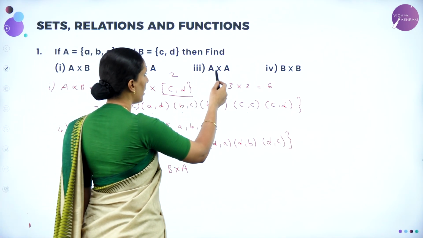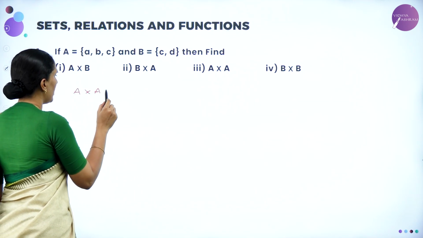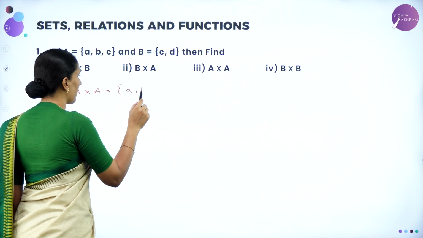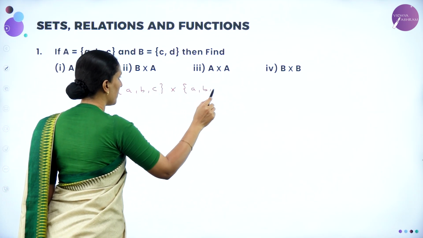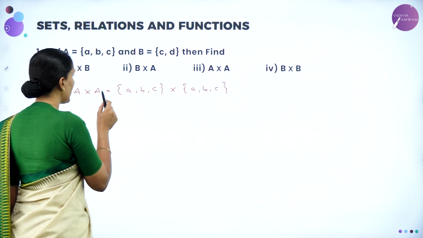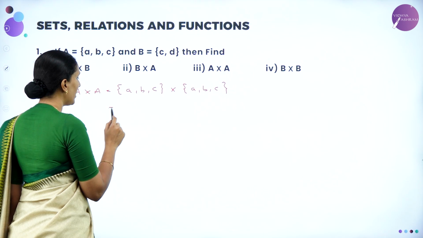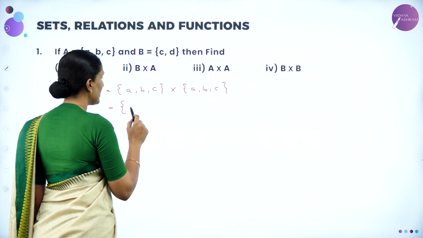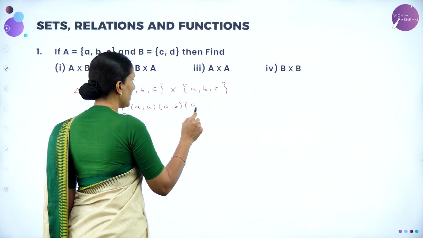Now let's check A cross A and B cross B. A cross A means I am pairing {a, b, c} cross {a, b, c}. How many elements should there be in A cross A? 3 into 3, 9 elements. So let's write all those 9 elements. First (a, a), (a, b), (a, c).